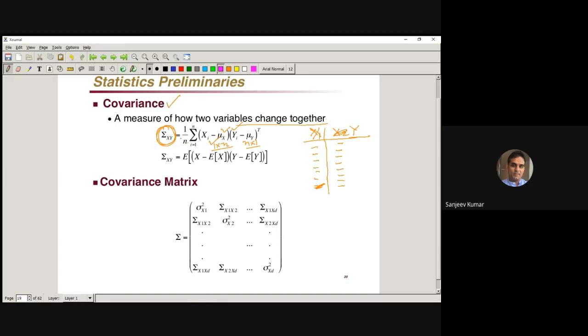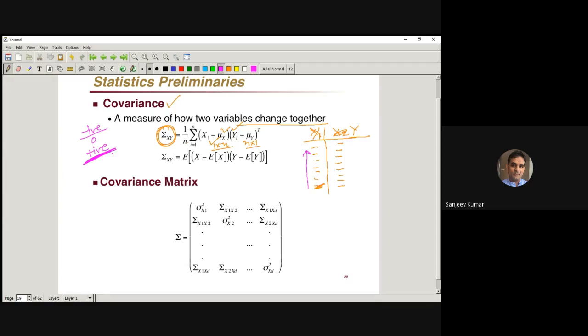divided by n, it will give you the covariance between x and y. Now it is a scalar quantity, it may be negative, 0 or positive. If it is negative, then the changes in the two data are in opposite directions. If x1 is increasing, then y is decreasing, or if x is decreasing, y is increasing. If it is positive, then the change is in the same direction.